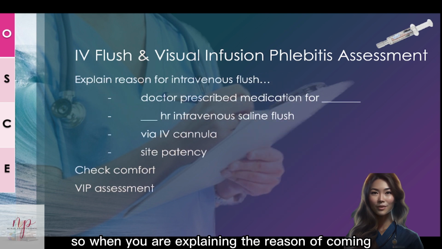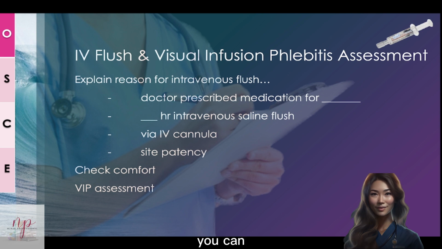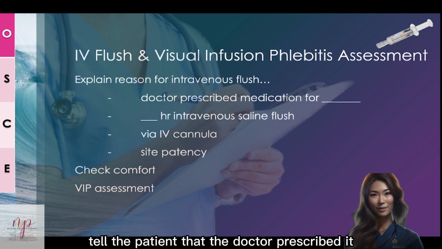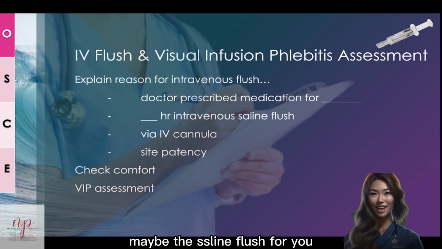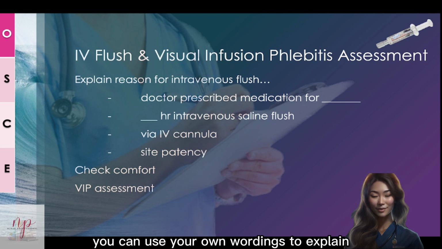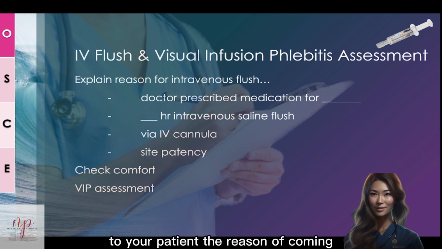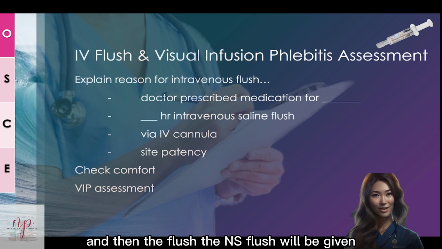When you are explaining the reason for coming, you can tell the patients that the doctor prescribed a saline flush for you in order to keep your IV cannula patent. So I'm here to give you the 2 o'clock intravenous saline flush. This is an example. You can use your own wording to explain to your patients the reason for coming.